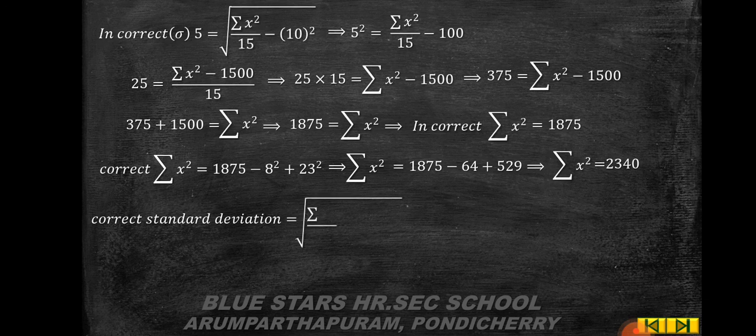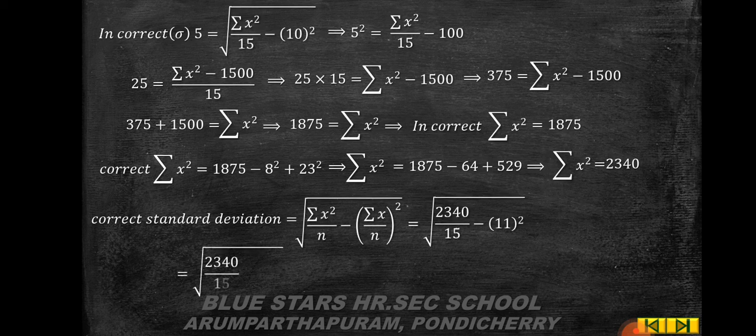Then the corrected standard deviation is equal to root of summation x square by n minus summation x by n the whole square, which is equal to root of 2340 by 15 minus 11 square, which is equal to root of 2340 by 15 minus 121, which is equal to 156 minus 121, which is root 35. So the square root of 35: 5 5s are 25.